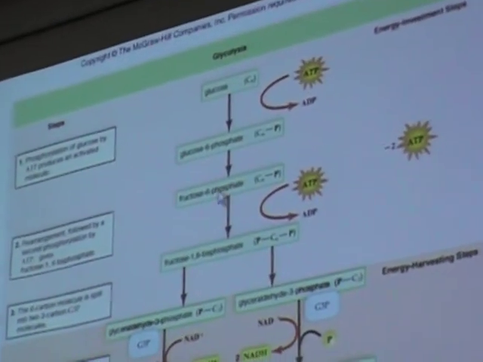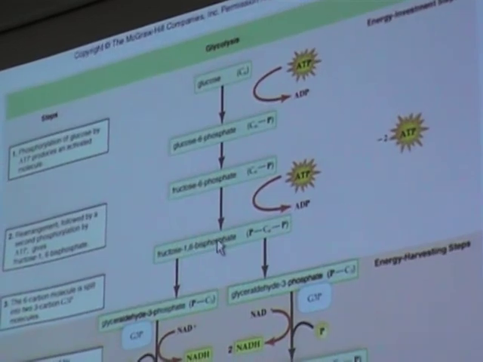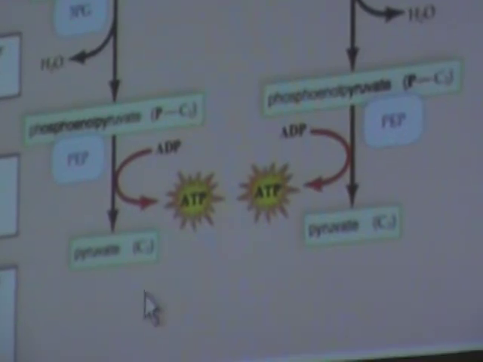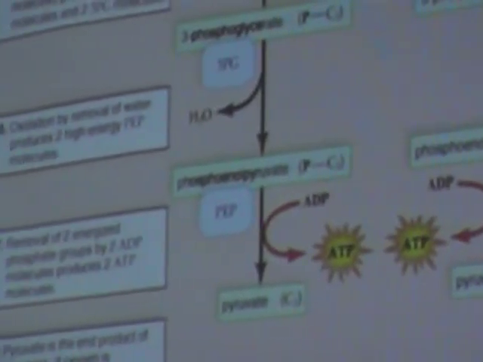Glucose is broken down into glucose 6-phosphate, which is broken down into fructose 6-phosphate, which is broken down into fructose 1,6-bisphosphate, which is broken down into glyceraldehyde 3-phosphate, which is broken down into 1,3-bisphosphoglycerate, which is broken down to this, which is broken down to this, which finally results in pyruvate. That's the first step of breaking down glucose. That gets glucose broken down in half.